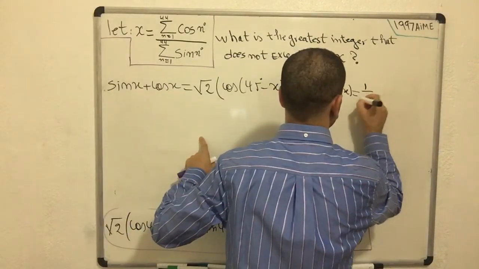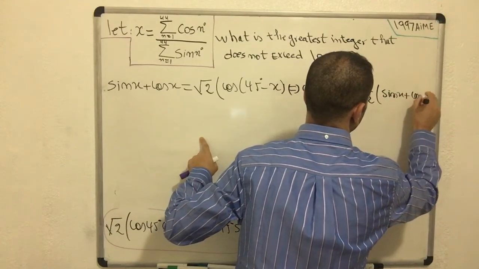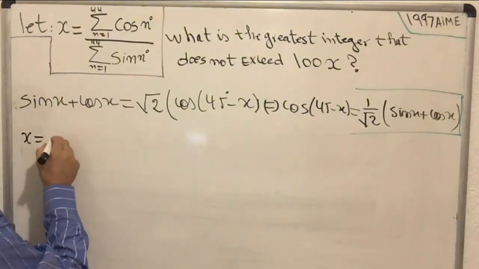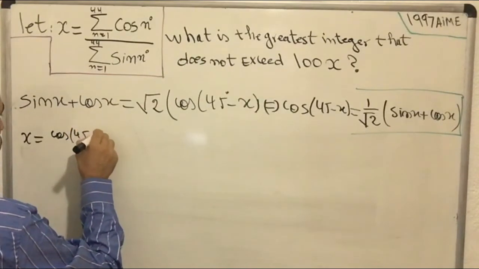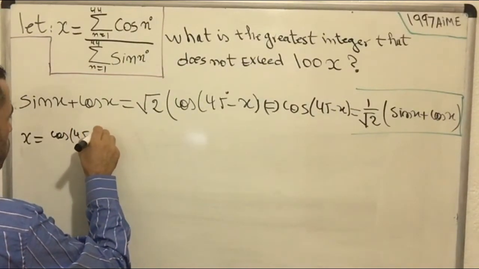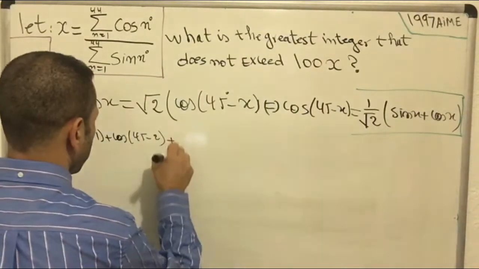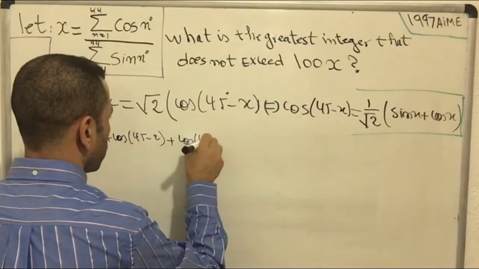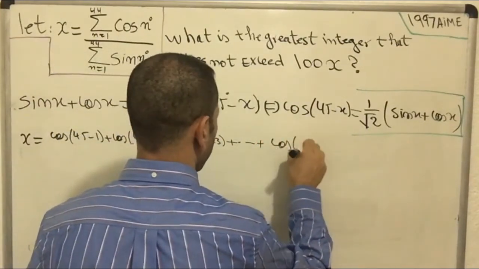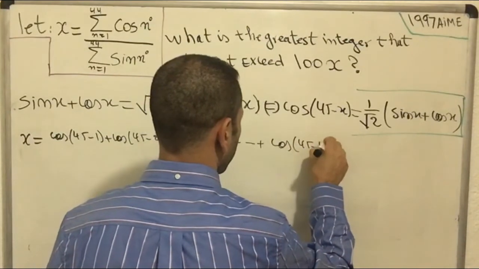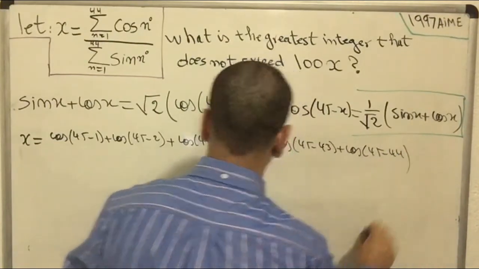So cosine of 45 minus x equals sine x plus cosine x over square root of 2, which gives cosine 45 minus 1 plus cosine 45 minus 2 plus cosine 45 minus 3 and so on until you get cosine of 45 minus 43 plus cosine of 45 minus 44.